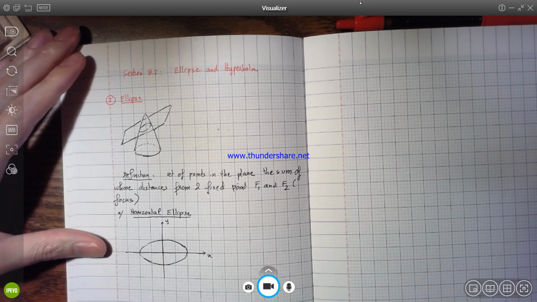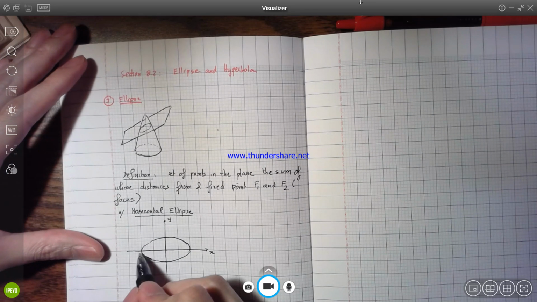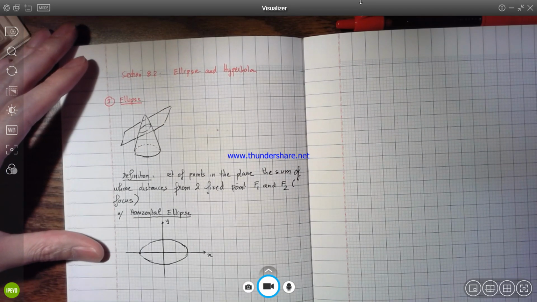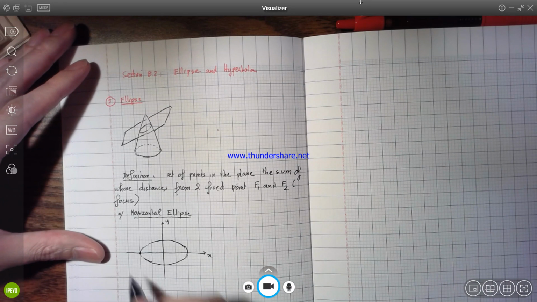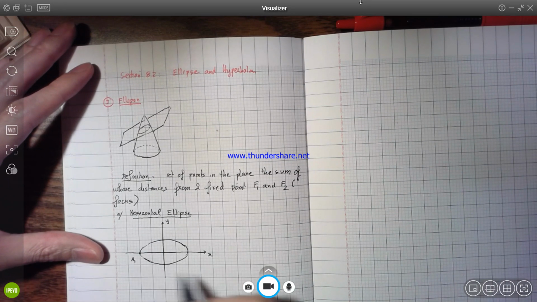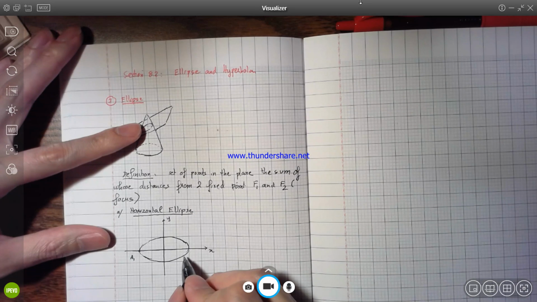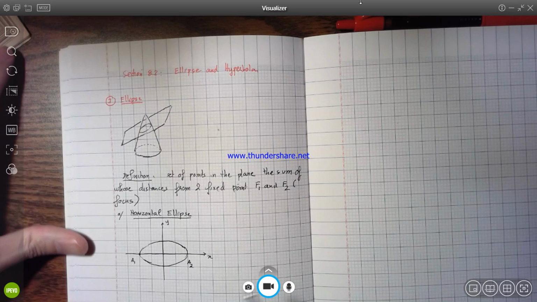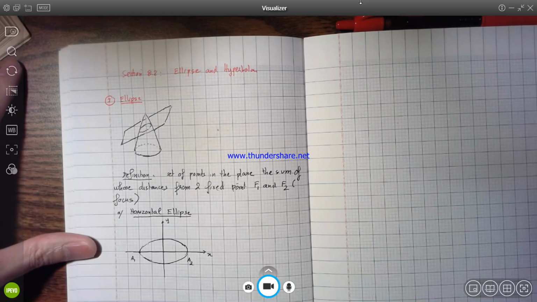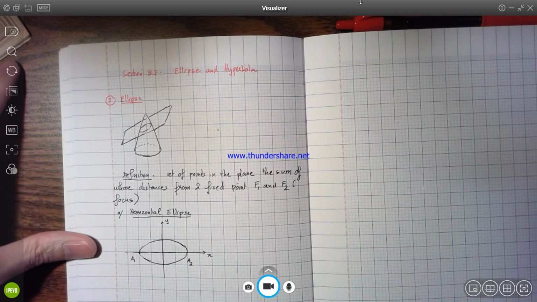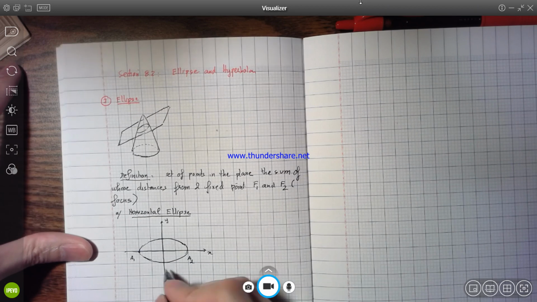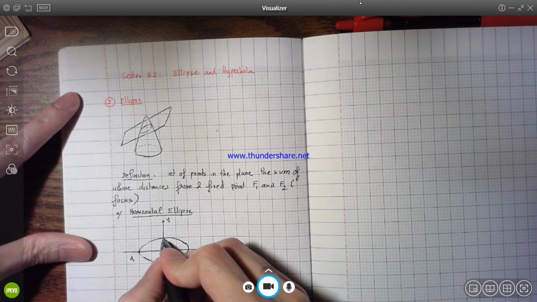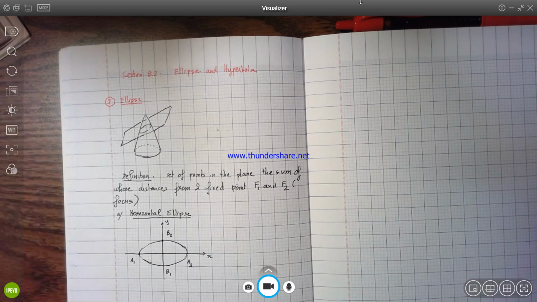We see that we have vertices here. I call this A1, and this is A2. Over here is B1, and over here is B2.